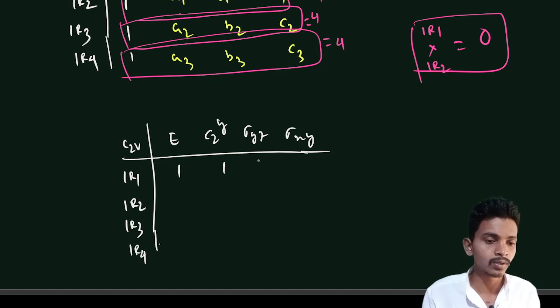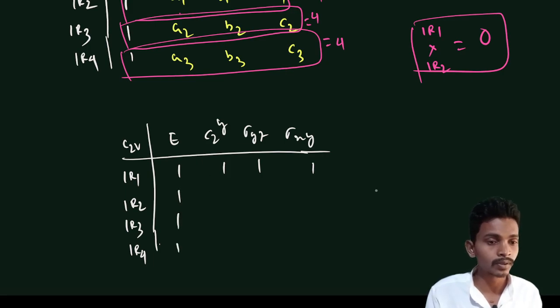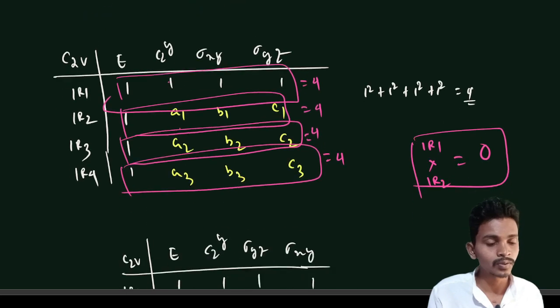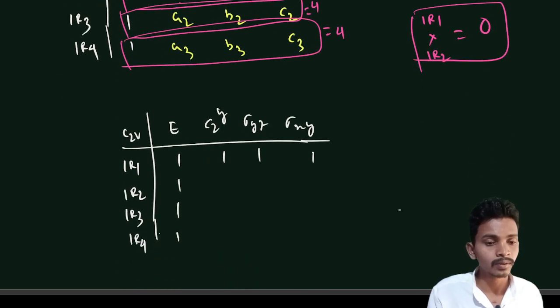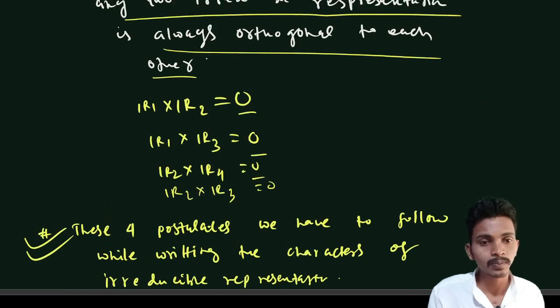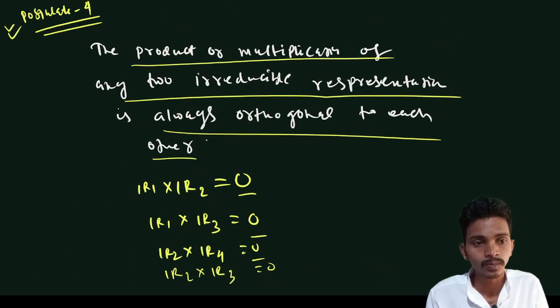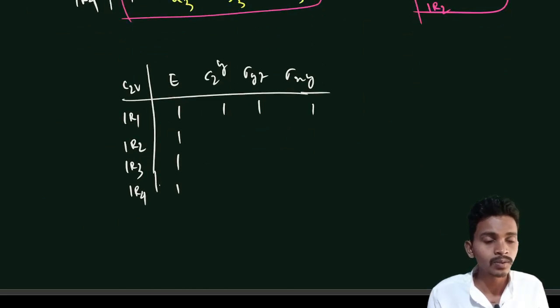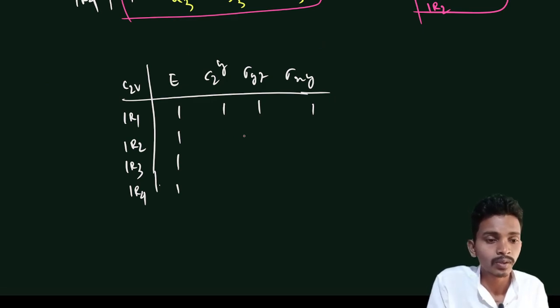This is 1 1 1 1, and this is always 1, to get the order of the group. So now the rest is left. While writing here, I have to follow the postulates. Postulate 4 is mainly what we will apply. By applying postulate 4 we will get the values, although all the postulates have to be followed, postulate 4 helps us more.